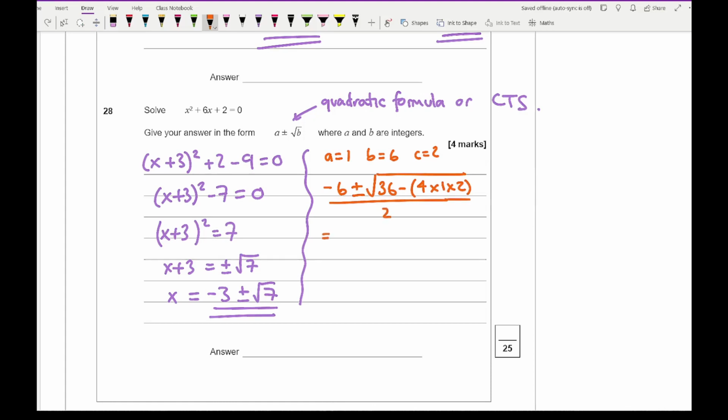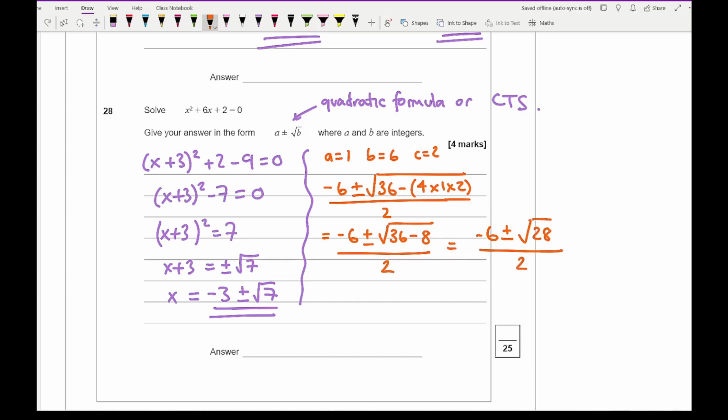So then working this out, I get minus 6 plus or minus the square root of 36 minus 8, and that's all divided by 2. Then simplifying that further, minus 6 plus or minus the square root of 28, divided by 2.